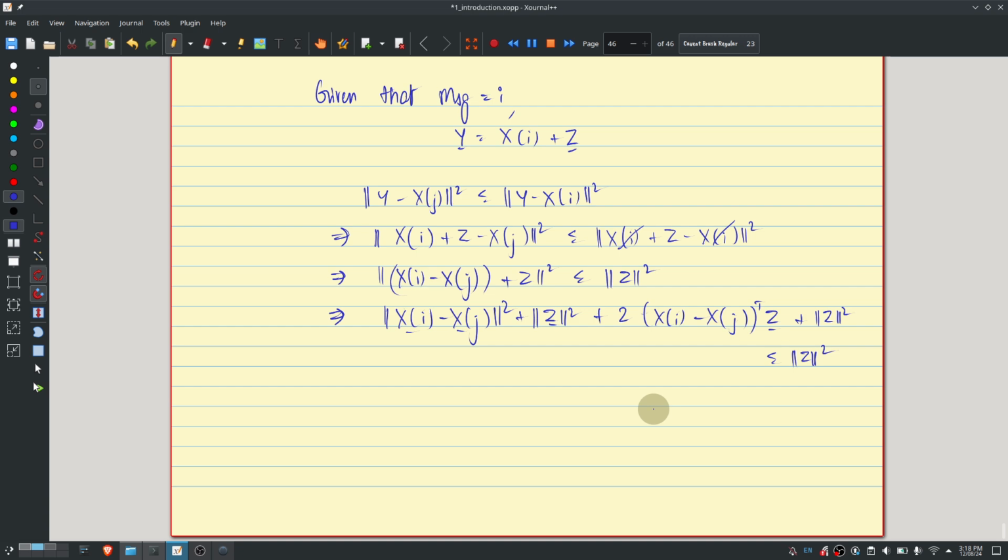So this is x of I minus x of j the whole square plus norm z square. Yes, right. So norm z square gets cancelled out, and as long as this quantity is less than or equal to 0, then not.